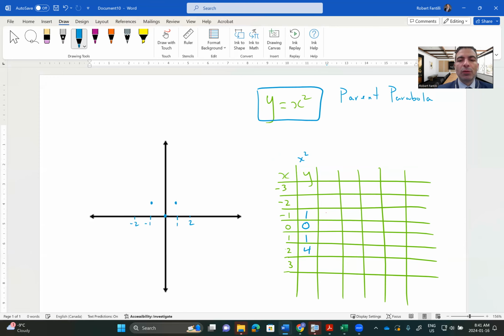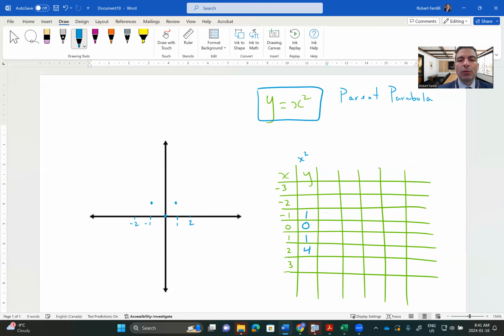Something like that. And 3, instead of being 9, is now 11, which is a little bit further than I want it to be. But for all intents and purposes, what you can see here is this parabola is going up like this now. It's the same parabola, it's just shifted up 2.